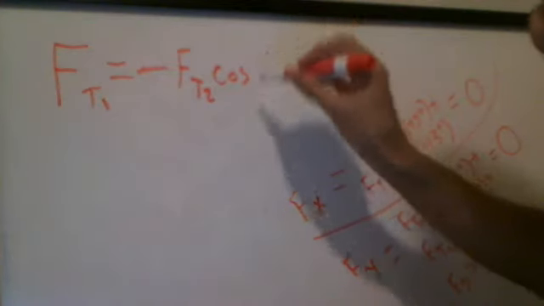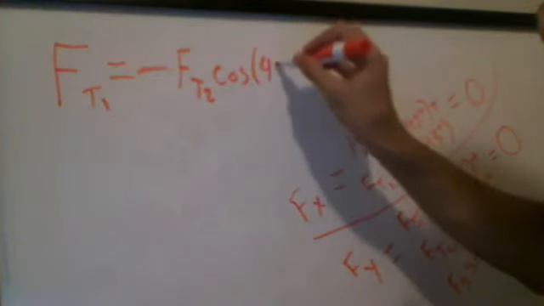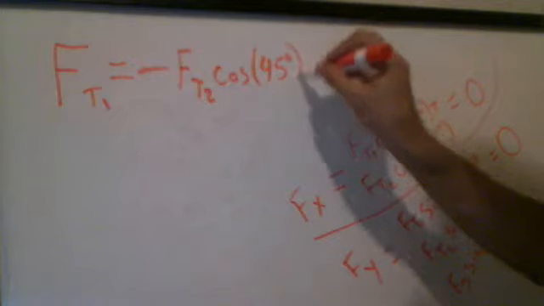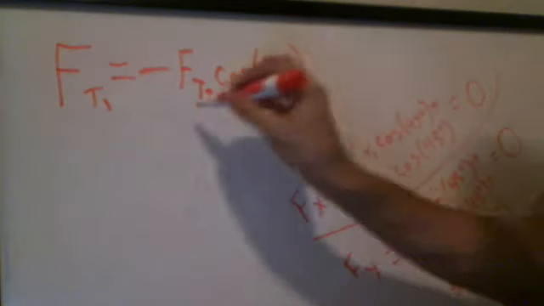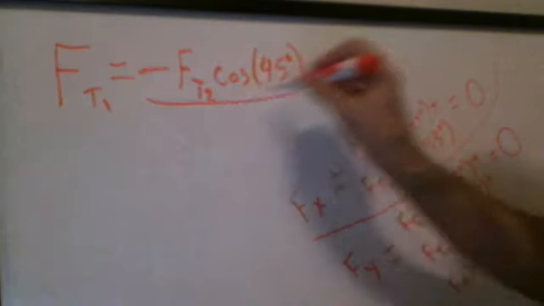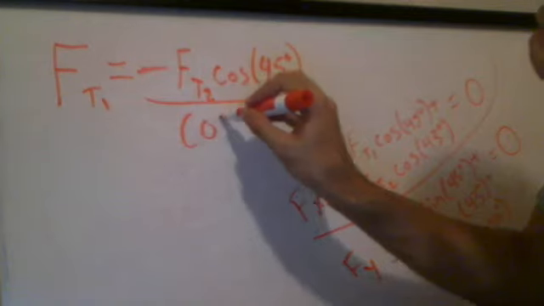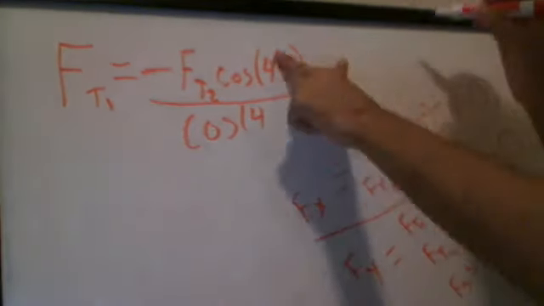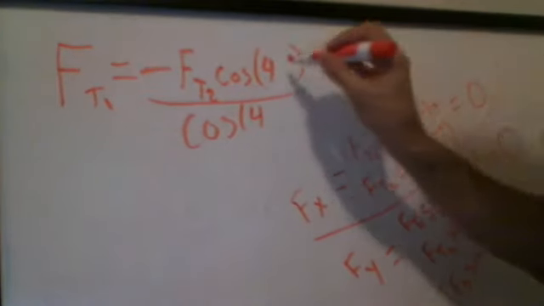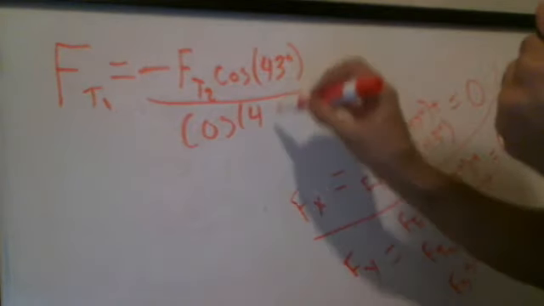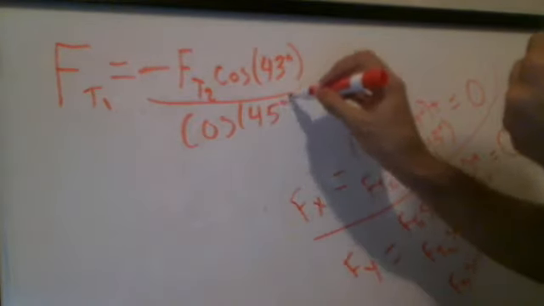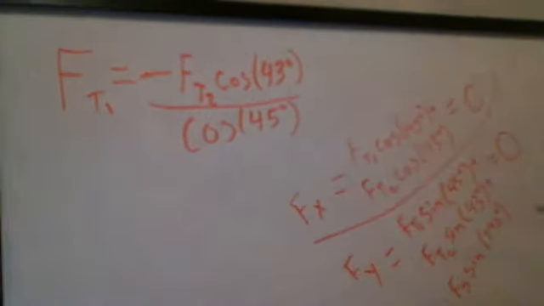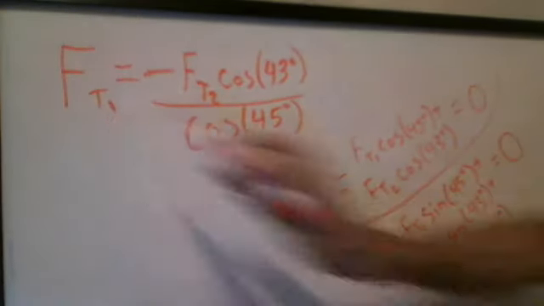So, cosine of 45 degrees divided by cosine of 43 degrees. 45 degrees. And that's how you solve for 1.